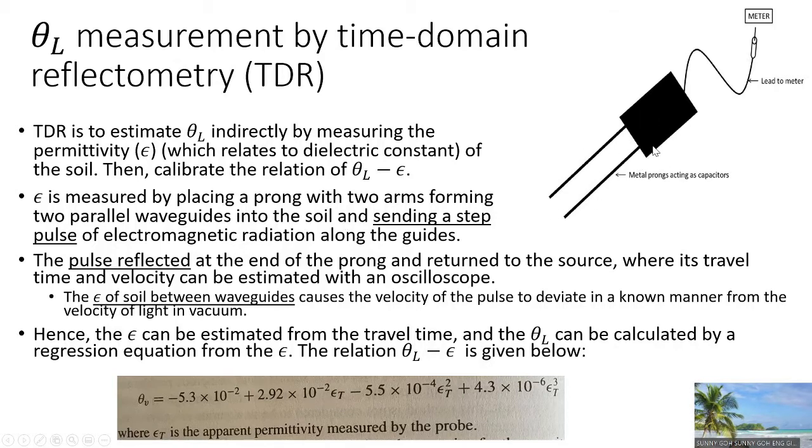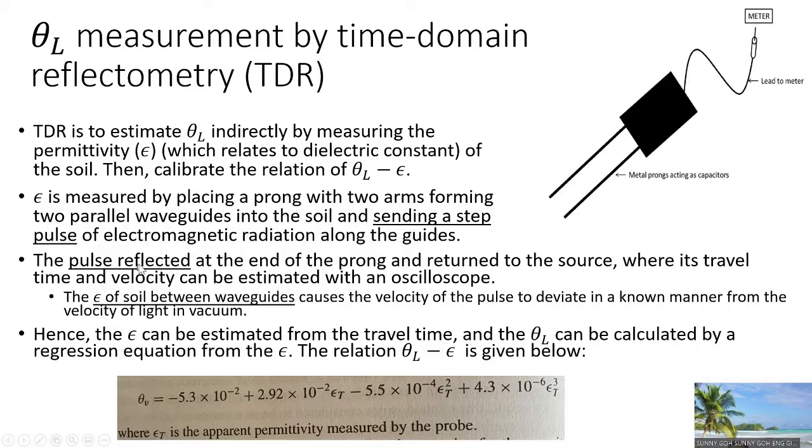This sensor will be pressed into the soil, and a step pulse of electromagnetic radiation is sent along the guide. The step pulse will be sent from the meter through the wire to the prong and to the waveguide, and then the signal will be sent back to the prong, to the wire, and to the meter.